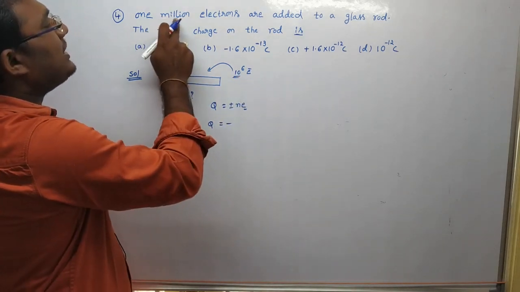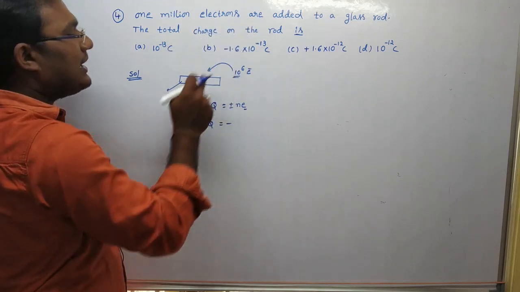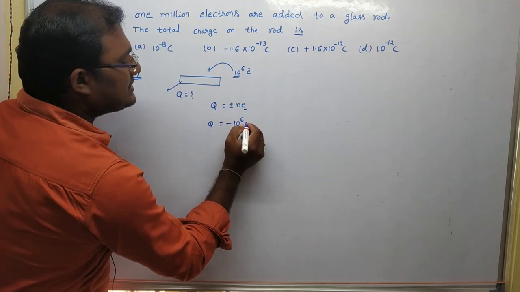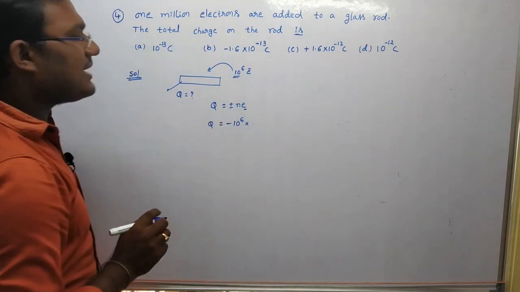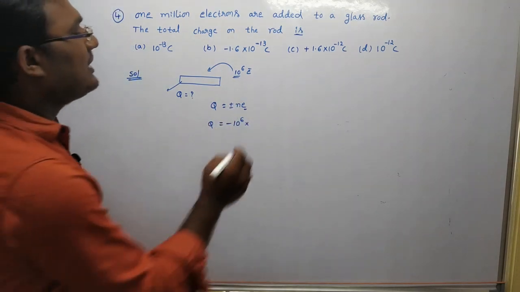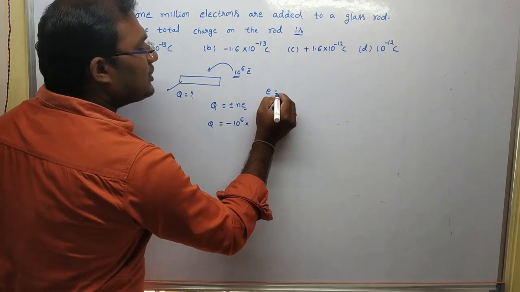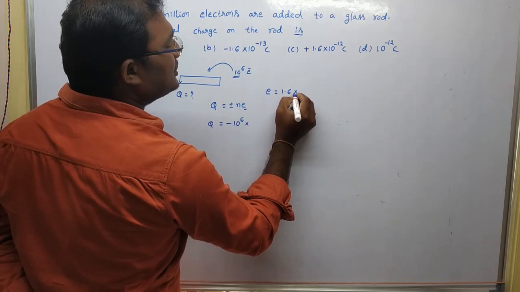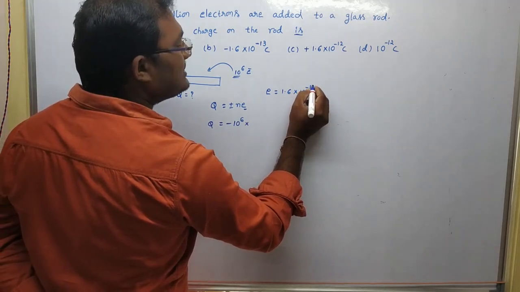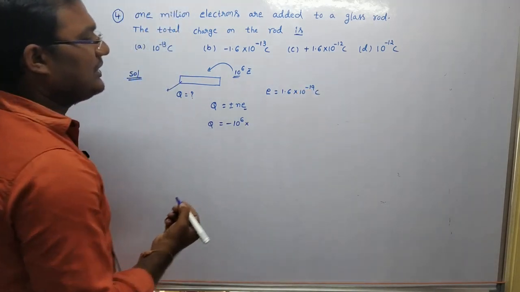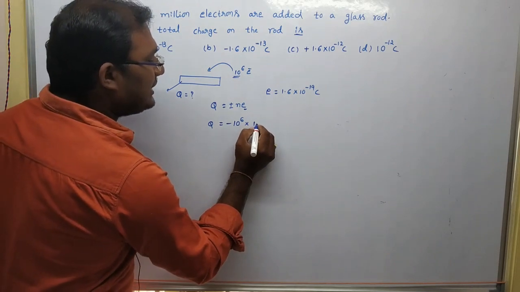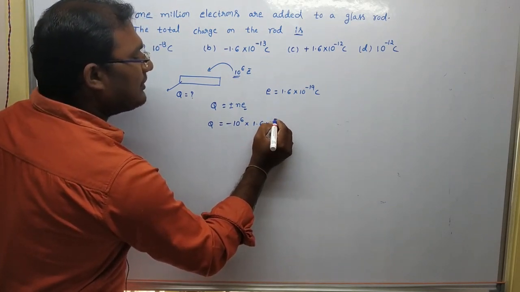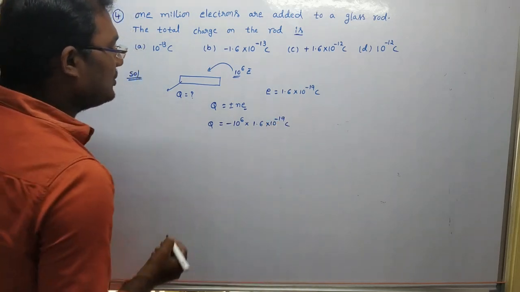N means 10 power 6, that means 1 million electrons are added to the rod, into 10 power 6, into E, where E is the charge of an electron. The charge of an electron equals 1.6 into 10 to the power of minus 19 coulombs.